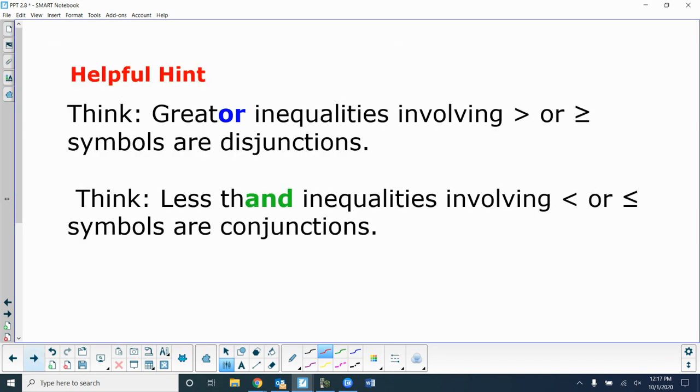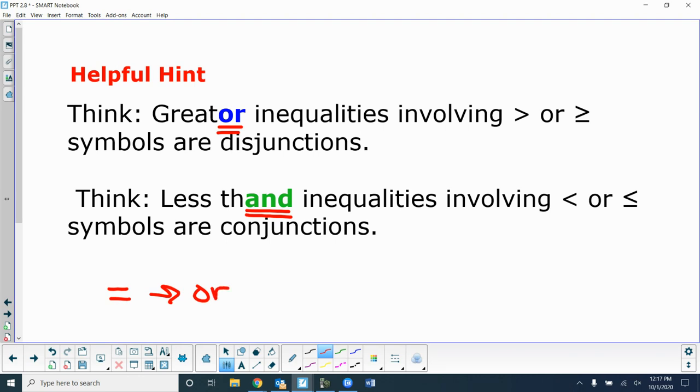That's a way to remember. Usually we say greater is "or". Just think of it as greater, and less than, add a D to it. That's how you can remember what kind it is. Remember, equals is "or".